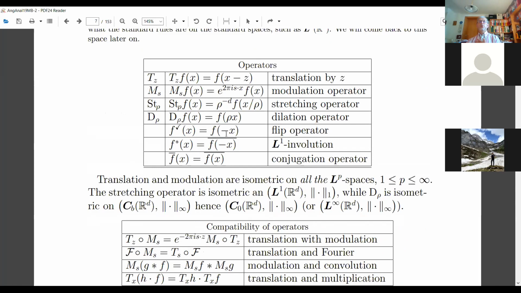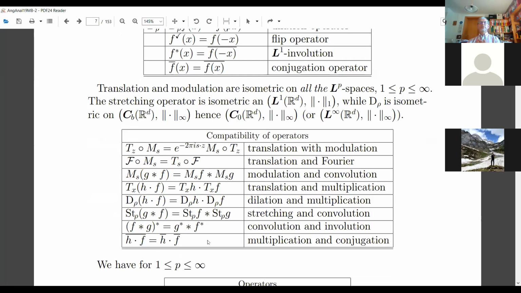We have the flip operator, applied to a function and not to a set. The bar means conjugate. So if somebody is saying, I'm taking a function and make a star, then for me, it means I take the flipped version of the function and then I take the conjugate. We will see more of this and discuss more of this.